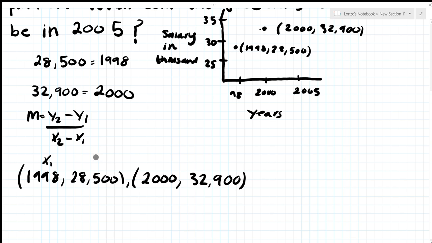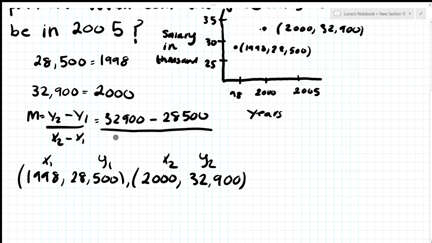Label this x1, y1, x2, y2. So my y2 is 32,900 minus y1, which is 28,500, all over x2, which is 2000, minus x1, which is 1998.